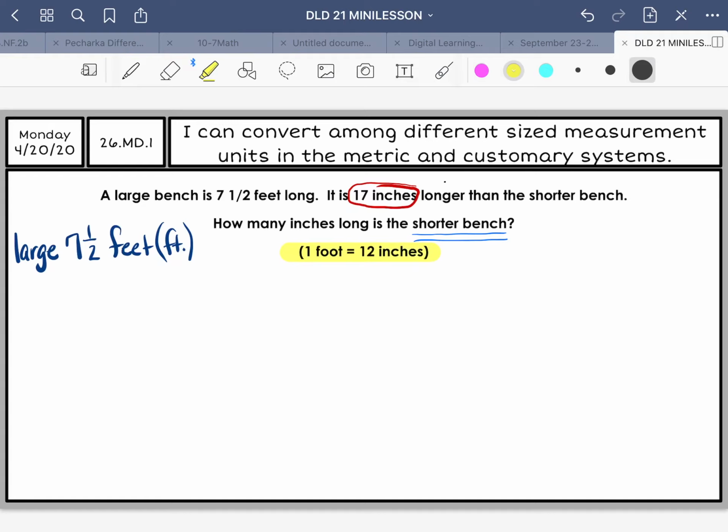One of the things that I like to do when I'm expressing larger units into smaller units is I like to make a 2-column chart or table. And you all are familiar with this because we use them a lot in reading. I bet some of you have already said, oh, I know what that is. This 2-column chart is also referred to as a T-chart.